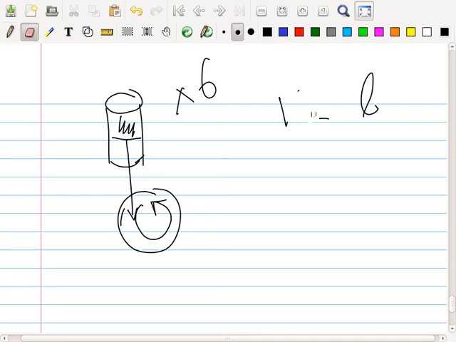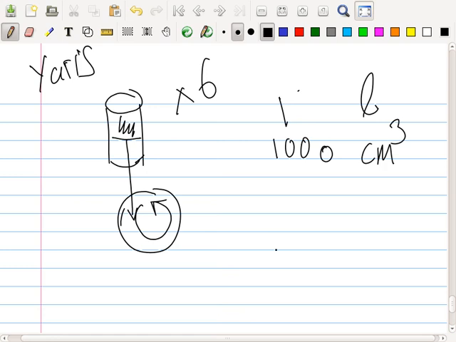We'll say it's a Toyota Yaris. You know Yaris? So these are 1 litres. How big is 1 litre? 1,000 centimetre cubed.